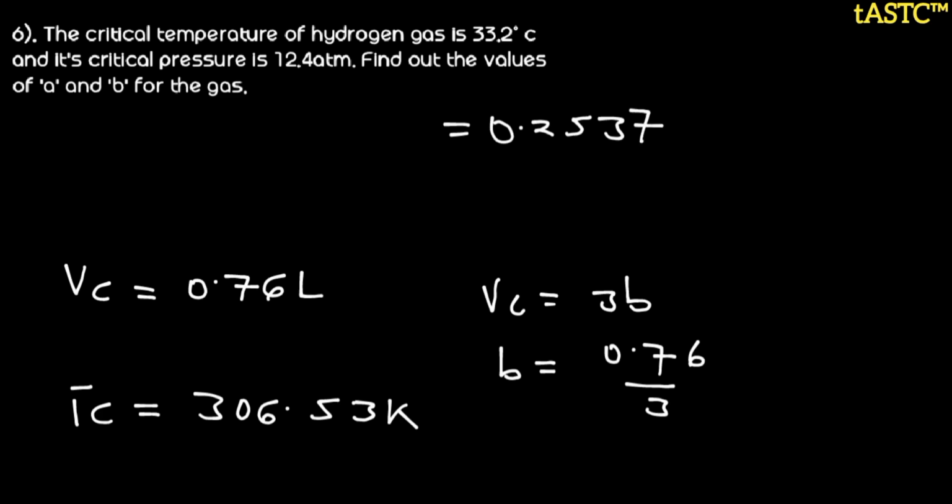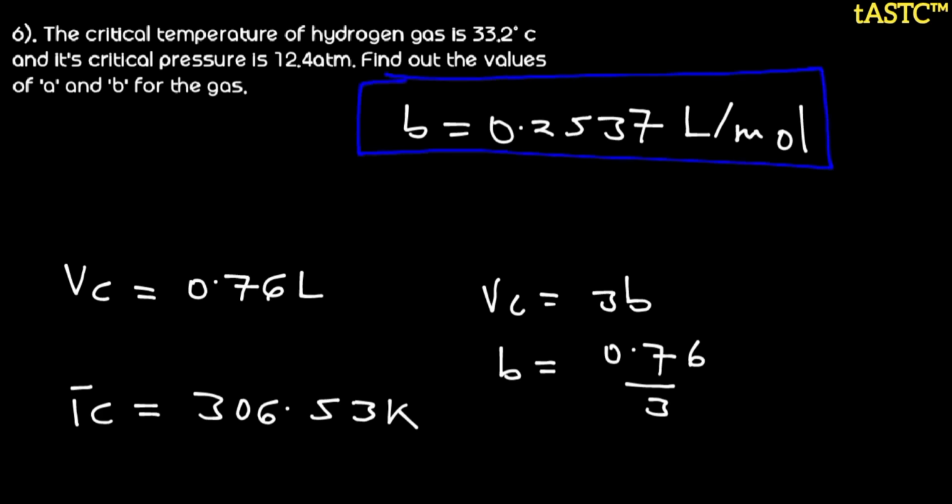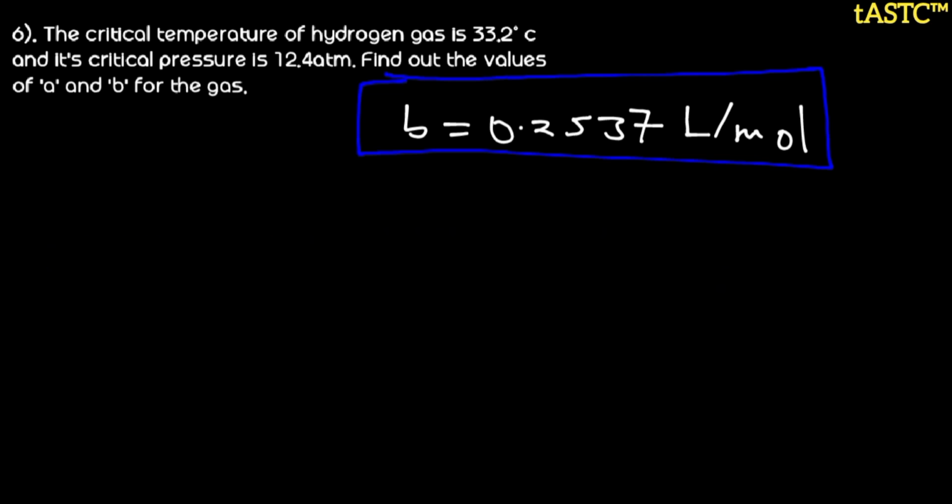So approximately that is what we have. So B is equal to this, and this is liter per mole. Now we need to find the last one. We need to find A. Now having got B, we could well find what A is, as easy as it is.